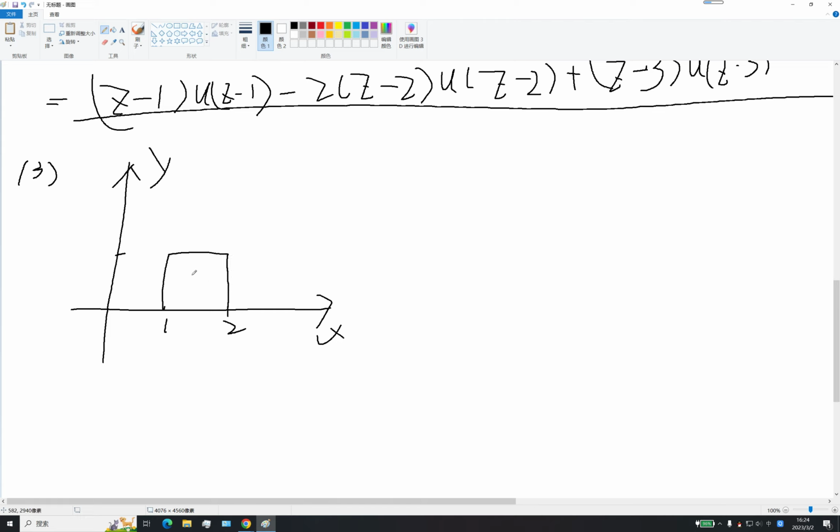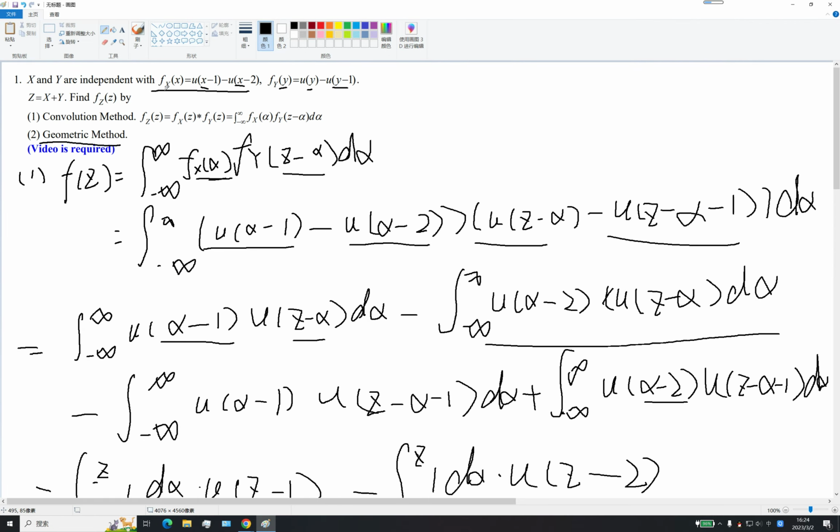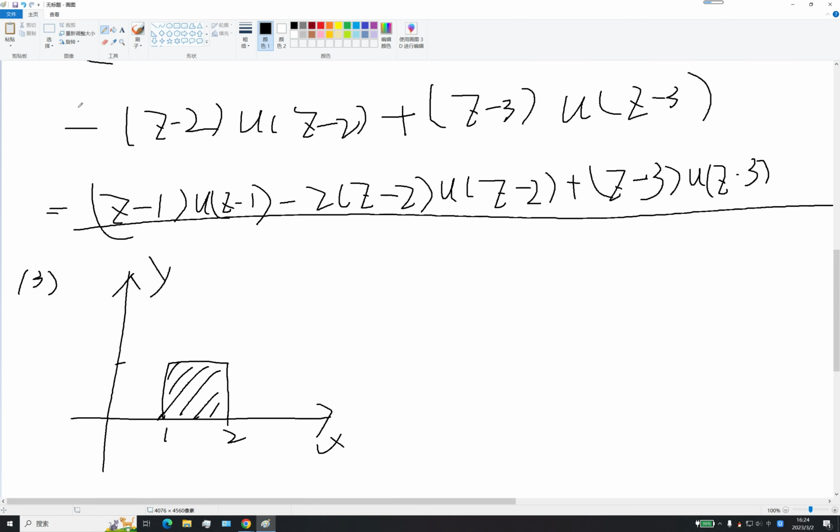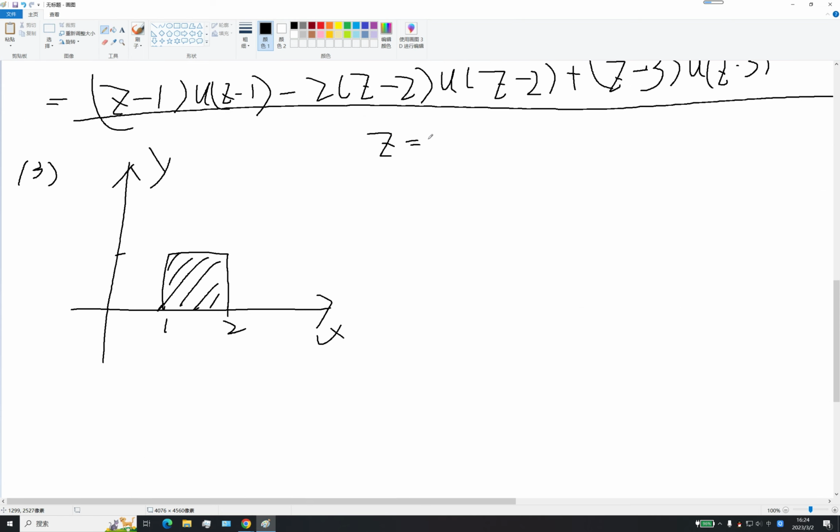So in this area, X and Y can take values, and Z equals X plus Y. Solving for Y, we know that Y equals minus X plus Z. So the line is like this.